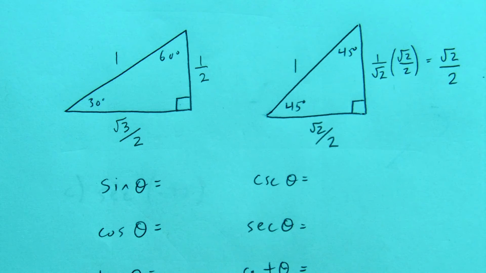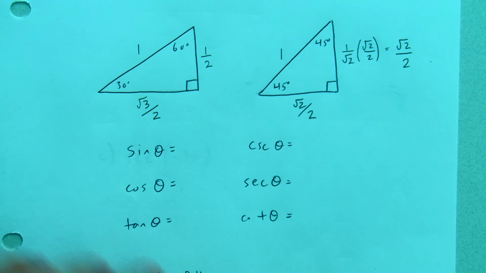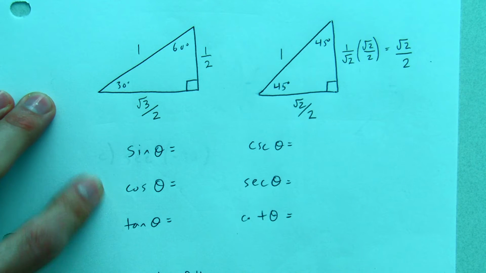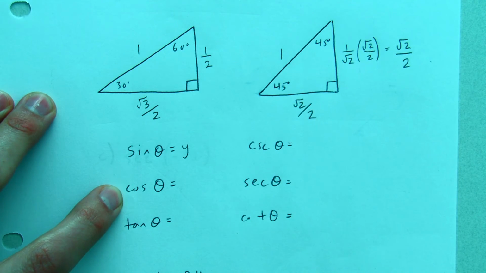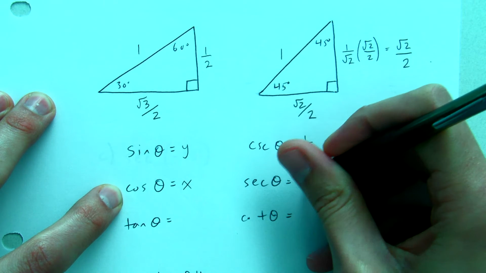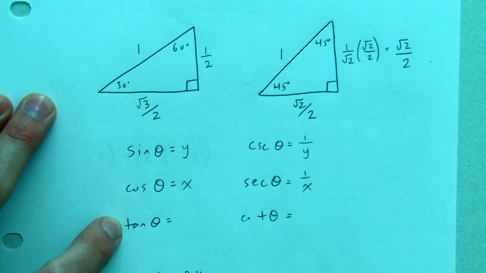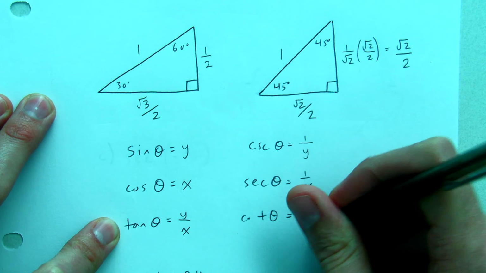When the hypotenuse is 1, as it is for these two special right triangles, our formulas simplify, as we saw. Sine of theta is just y. Cosine theta is just x. Their reciprocals are 1 over y and 1 over x. And tangent theta is still y over x, and cotangent is still x over y.